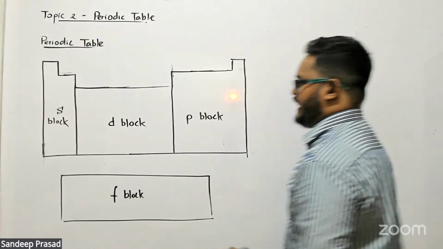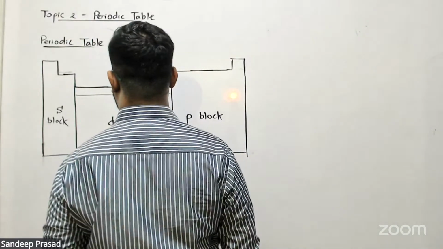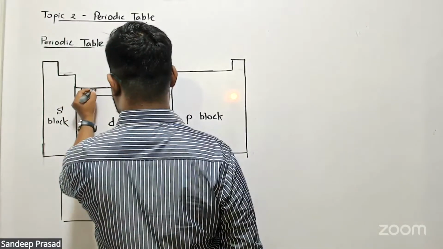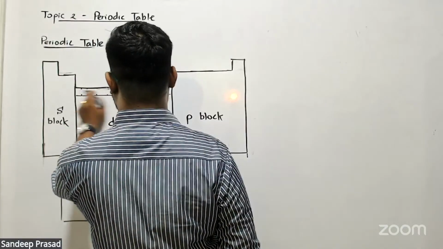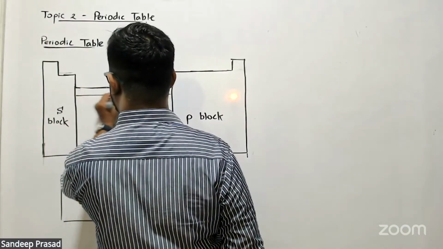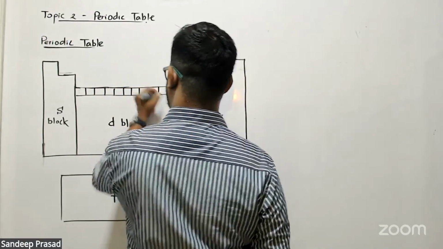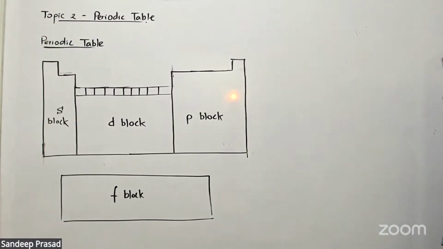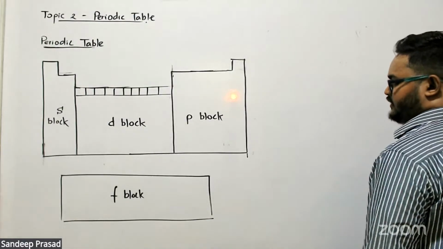In the periodic table, there are 10 elements that we are studying, as I told you here, in unit number 6, scandium to zinc. So those are D block elements.